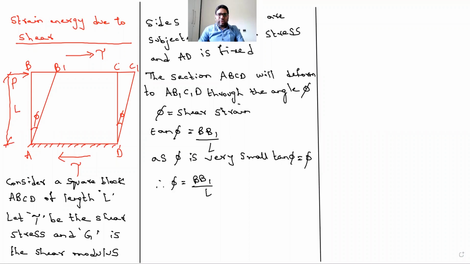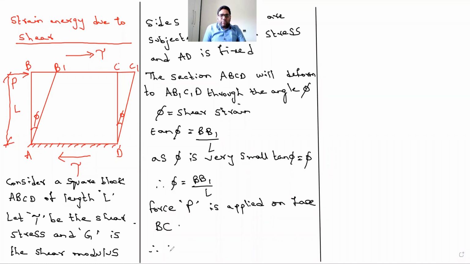Now force P is applied on face BC. Therefore, force P is equal to stress into area. Stress is equal to force by area, so force is equal to stress into area.